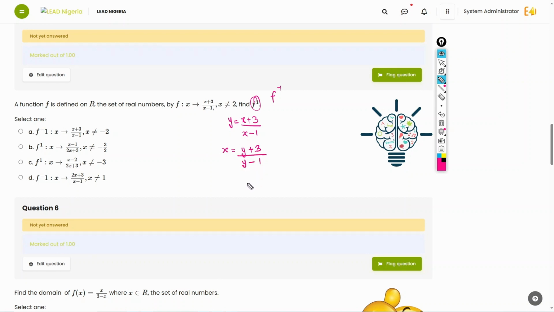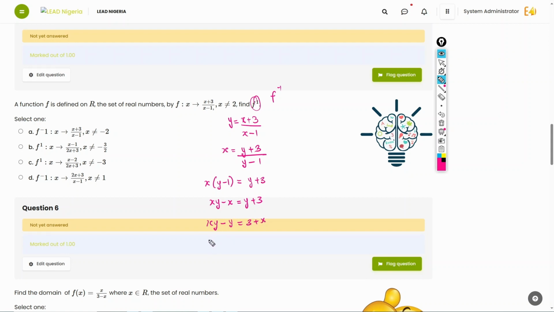Okay, so the next thing now is we need to figure out a way to make y the subject of the formula. Simple enough, I'll cross multiply. I would have x bracket y minus 1 is equal to y plus 3. So xy minus x is equal to y plus 3. I'll collect like terms, put all the y's in one space. So I will have xy minus y is equal to 3 plus x.